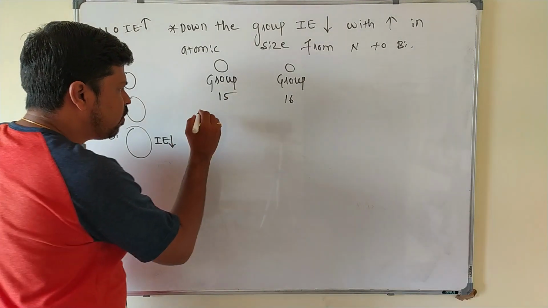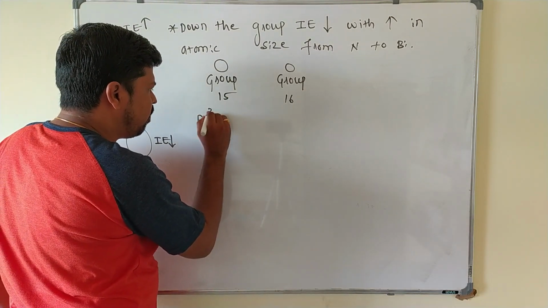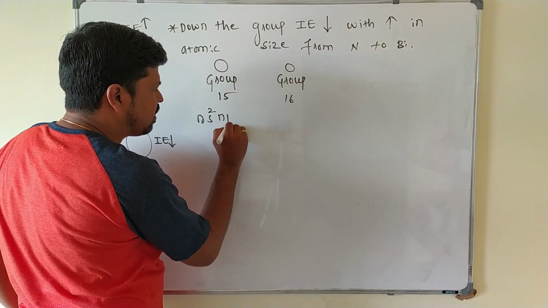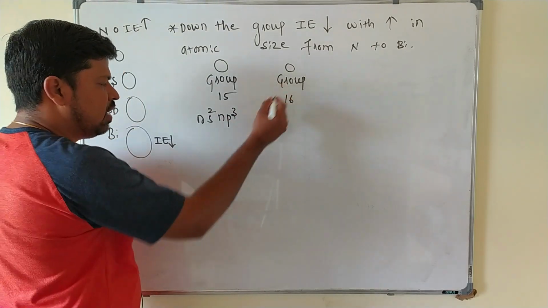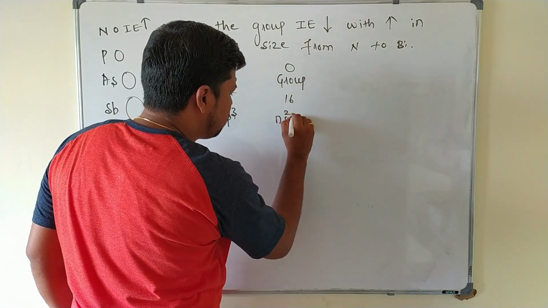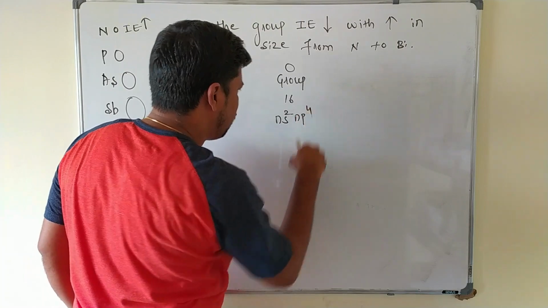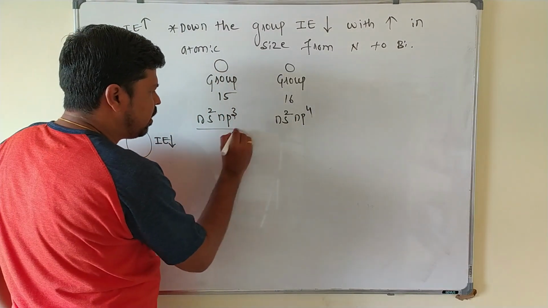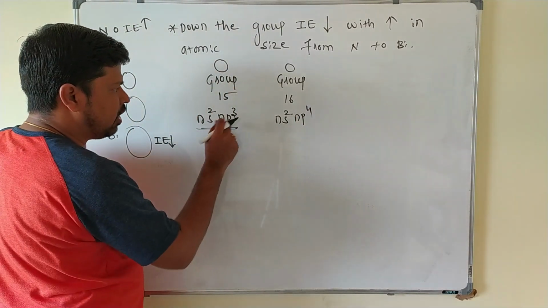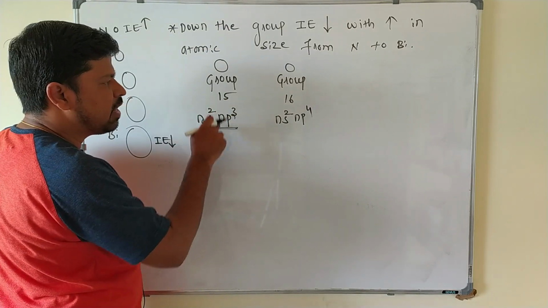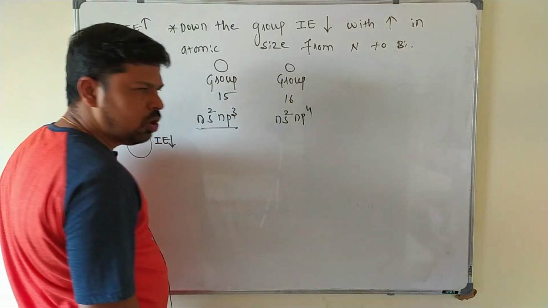But here, due to the stable electronic configuration of group 15 elements, that is, they have ns2 np3 configuration, while group 16 has ns2 np4 configuration. Due to the stability of the exactly half filled p orbital, the removal of an electron becomes very difficult in the case of group 15 elements as compared to group 16.